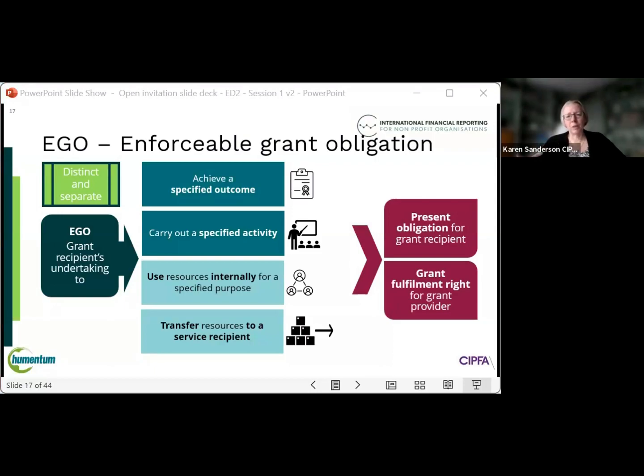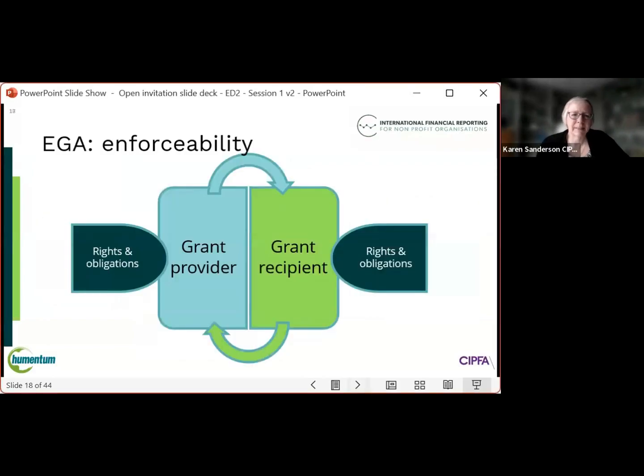And so the terminology that we're applying, which many of you will be familiar with, is that it's a present obligation. So it has to be satisfied before the NPO is entitled to the grant. And the mirror is true on grant expenses at the same time that there is a present obligation by the grant recipient. There is a grant fulfillment right to the grant provider. That is the right for something to be done. So I can move to the next slide, please.